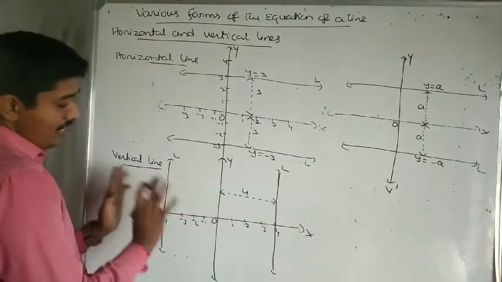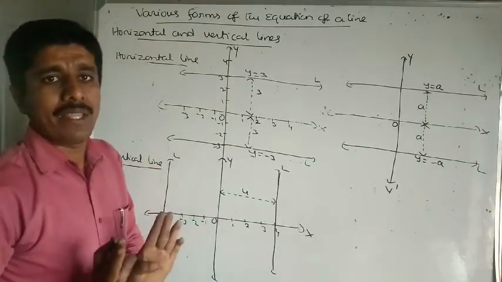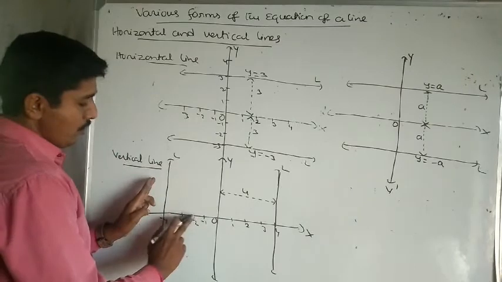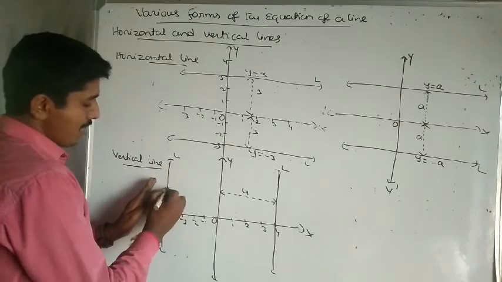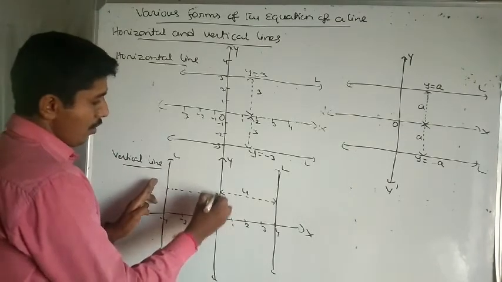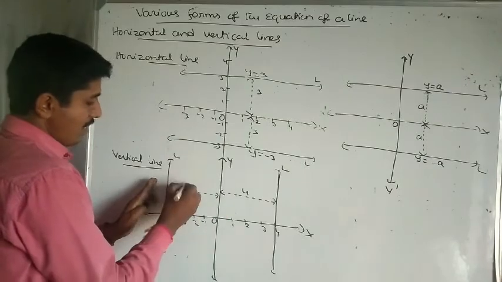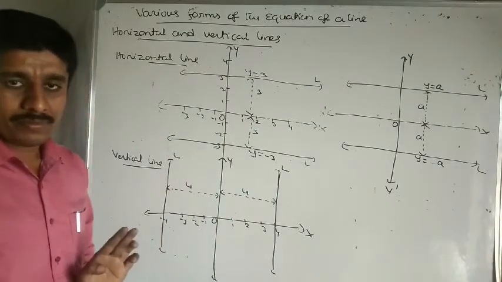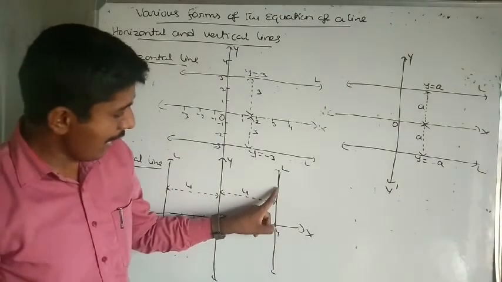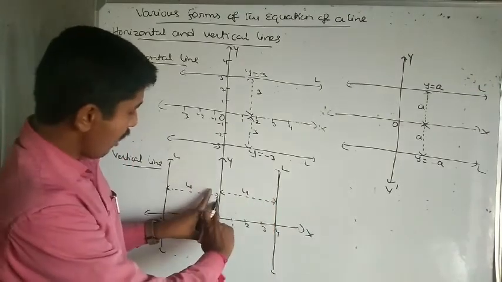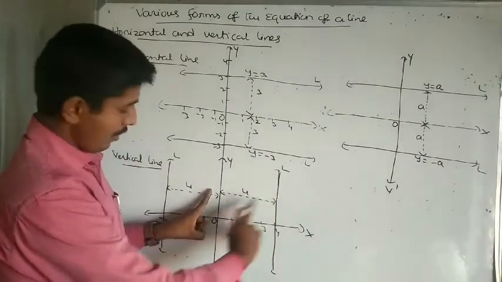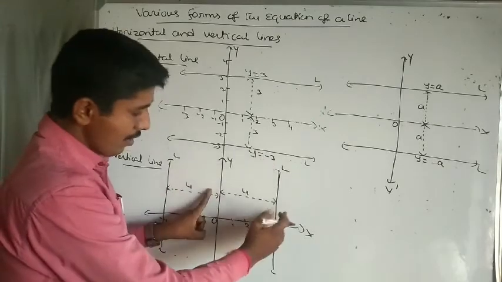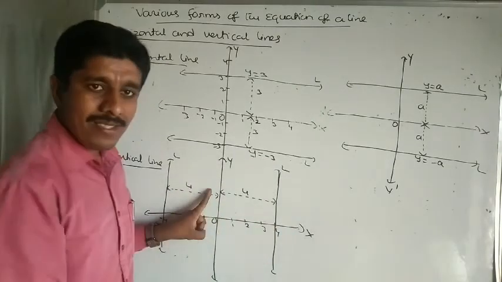And distance is always positive, it cannot be negative. The total distance from the y-axis up to this line is 4 units. So this line lies on the right side of the y-axis, right side of the origin, on the positive x-axis side.